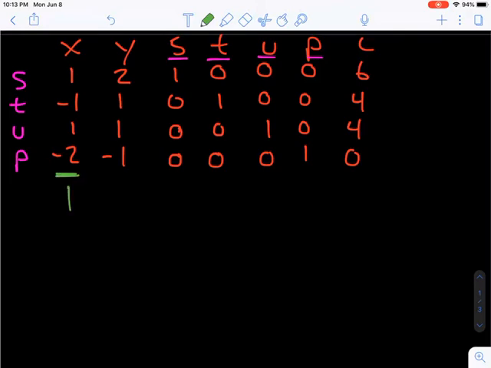And so that column that the negative 2 is in, which is the x column, is our pivot column. Our pivot number is going to be a positive number in the pivot column. So that means either this positive 1 or this positive 1 will be our pivot.